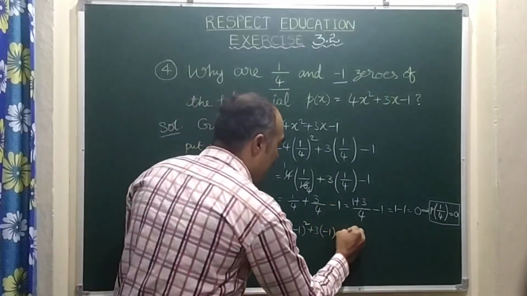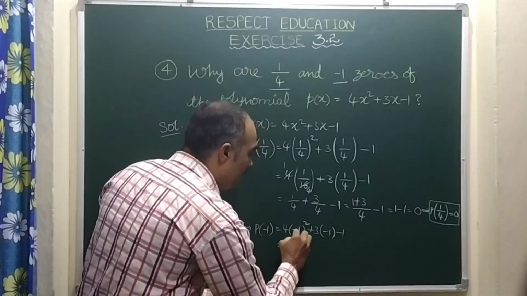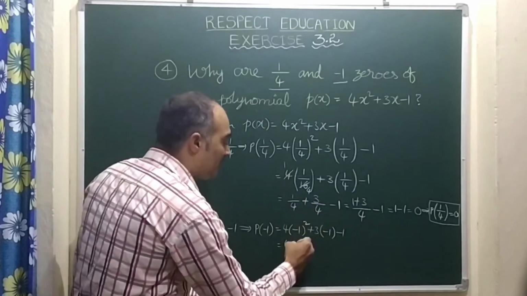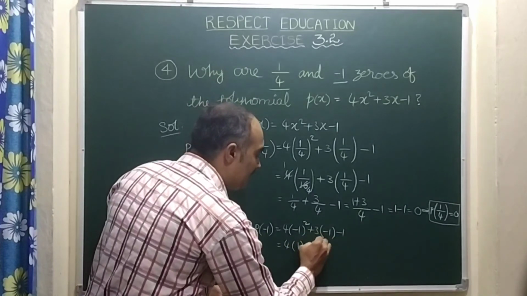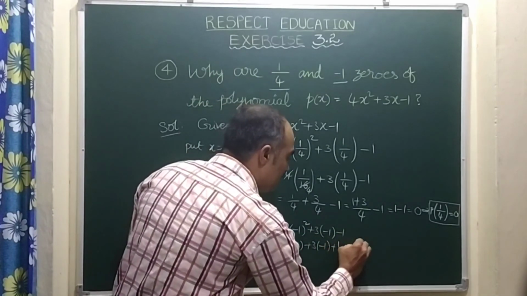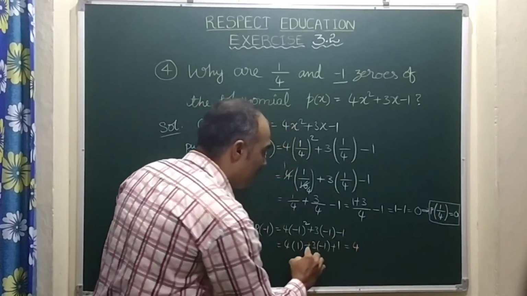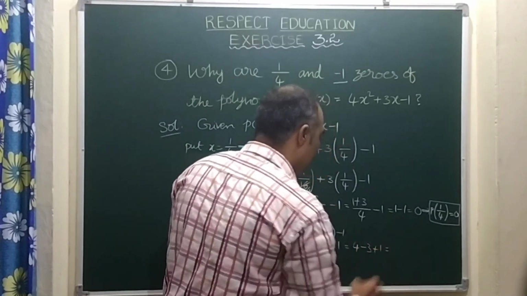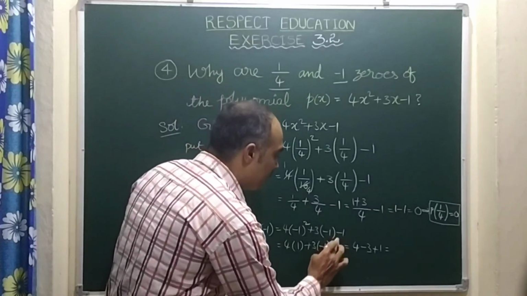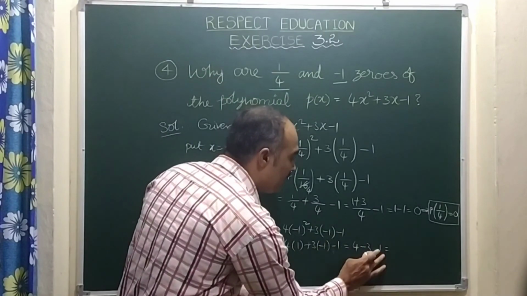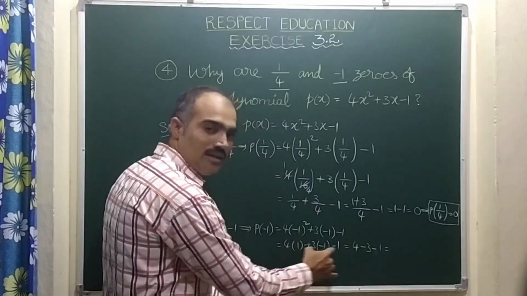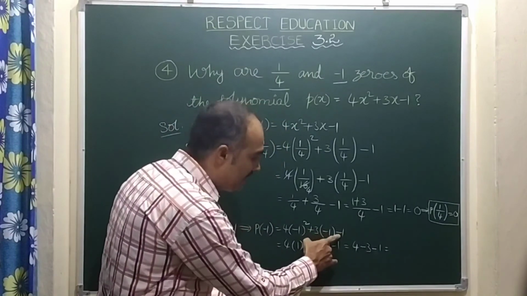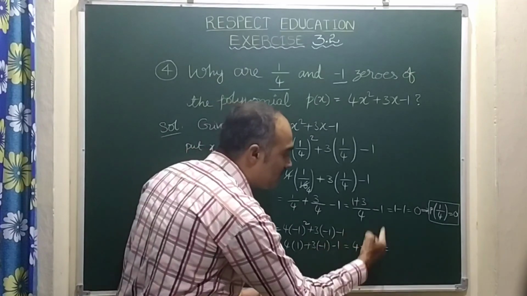So let us simplify this one, 4 into minus 1 whole square, 2 is an even number, so minus becomes plus, 1 square is 1, plus 3 into minus 1, so it is 4 1 jar 4 plus into minus, minus 3 1 jar 3, and this minus 1 comes here.